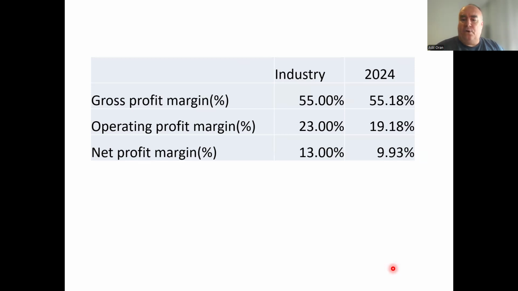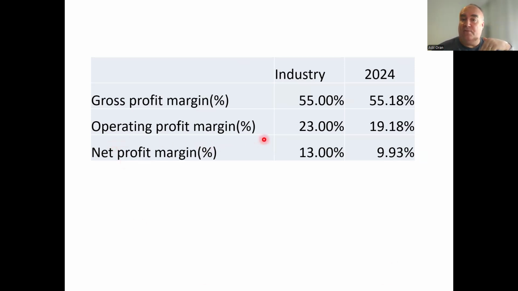In class before, I have mentioned that the gross profit margin is a measure of how successful the company is at controlling its cost of goods sold expense. Another way to interpret it is how much gross profit we are able to obtain out of our sales.